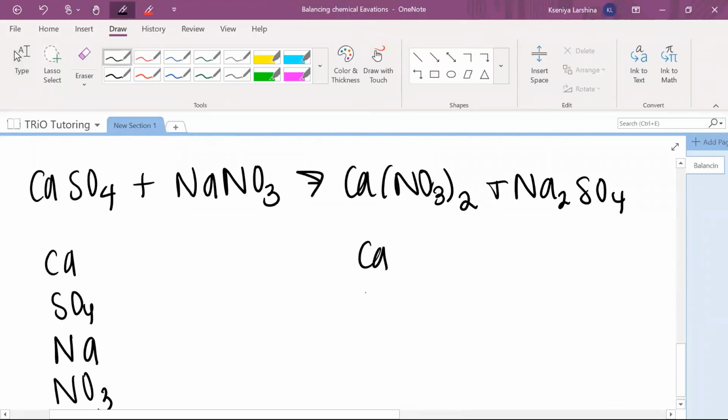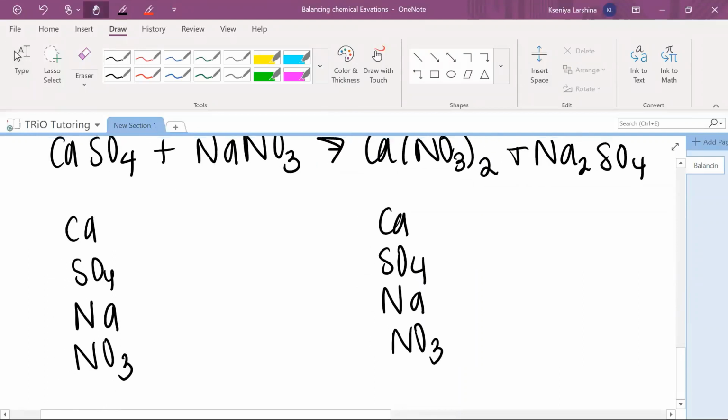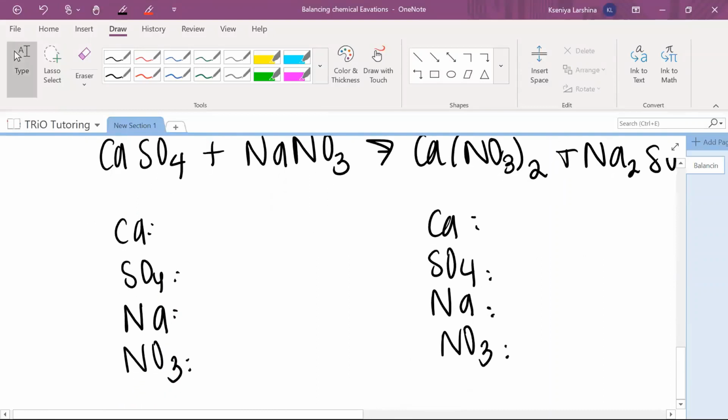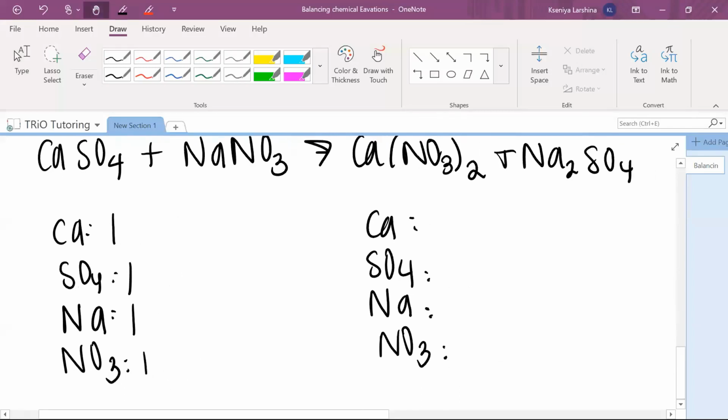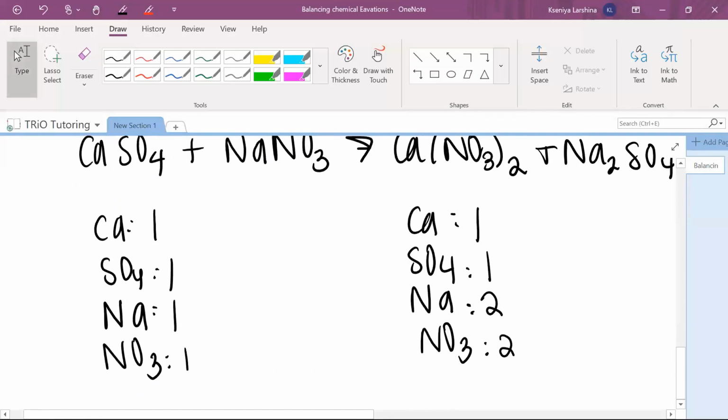So sodium nitrate. Here we have 1 calcium, 1 sulfate, 1 sodium, and then 1 nitrate. That's pretty good. 1 calcium, 2 nitrate, 2 sodium, and 1 sulfate.